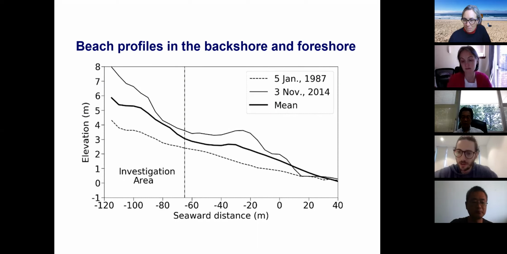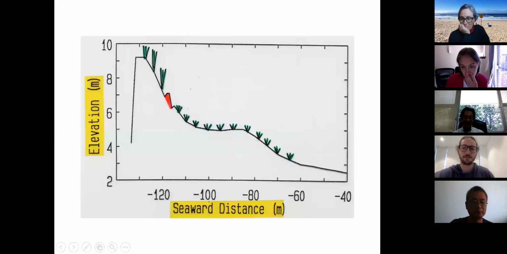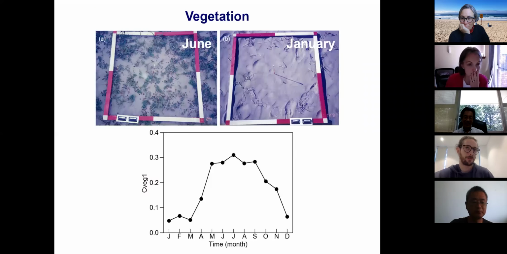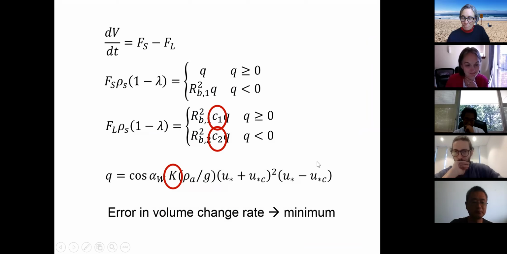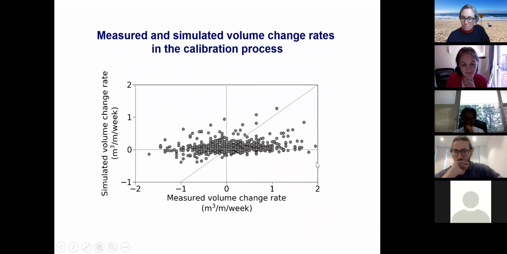Okay, so the next question is, vegetation areas are separated into north side and south side. But this research focused on cross-shore sediment transport. How did the areas of vegetation affect the results?